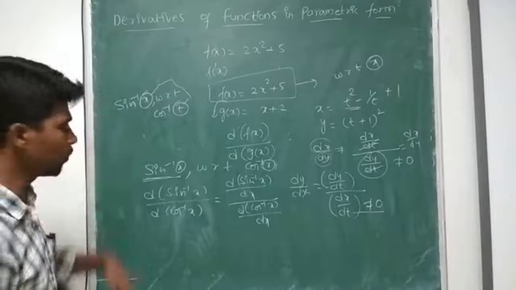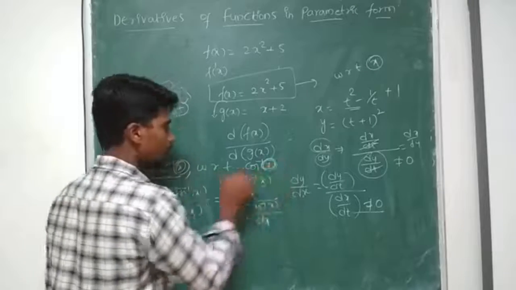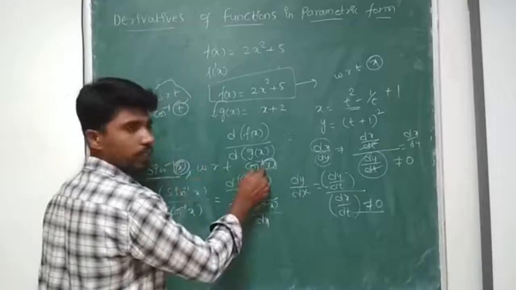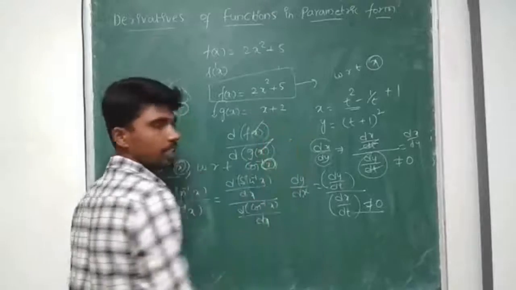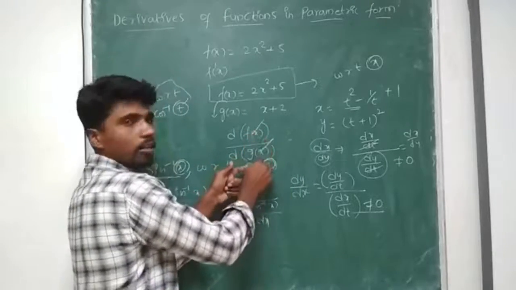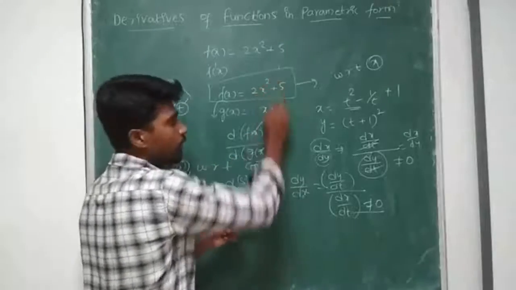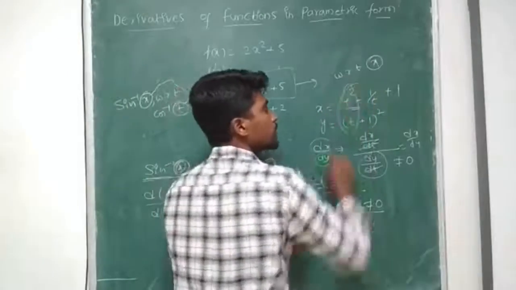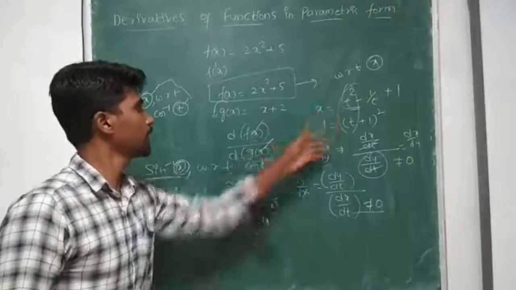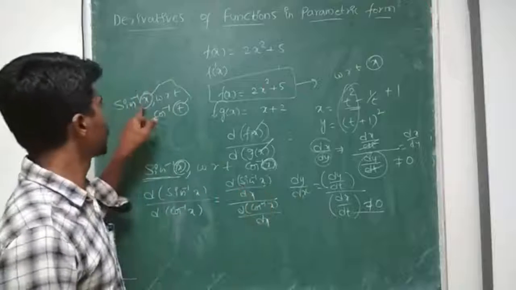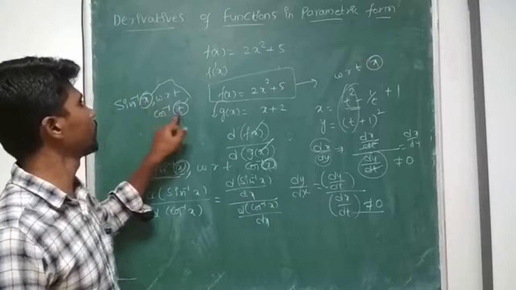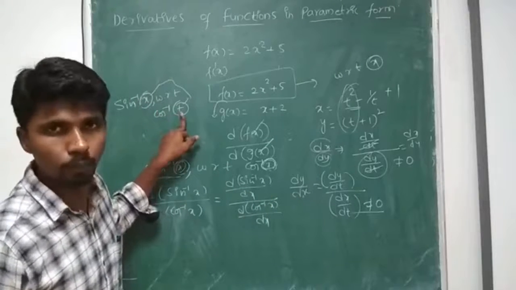It is possible only if the functions are defined in the same variable. Here f of x and g of x are both expressed in terms of x. We found that x and y are both expressed in terms of t. So in these particular cases only it is possible. If the functions are defined in two different variables, it is not possible.